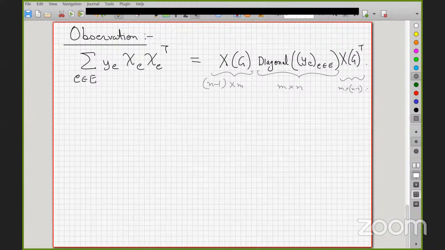Okay, so now we will use something called the Cauchy-Binet formula. The diagonal thing will be m cross m, right? Yeah, m cross m. Right. So now we use the Cauchy-Binet formula, which is again something that is easy to prove once you have seen what it is.